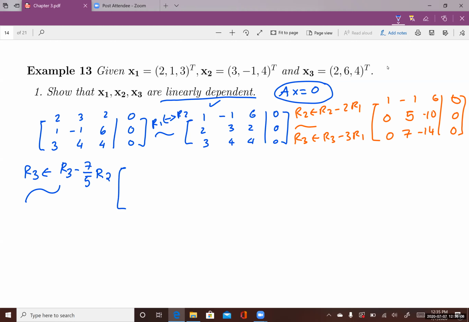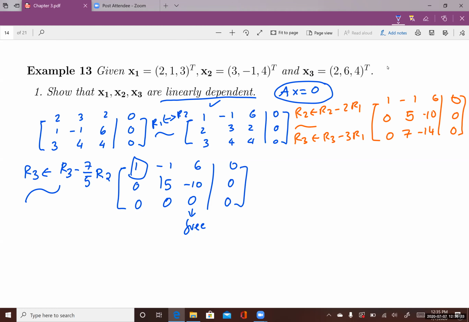Because 7 minus 7/5 times 5 is 0. So I have 1, -1, 6, 0, 5, -10. And I have 0, I have 0. And then I should have 0 here.